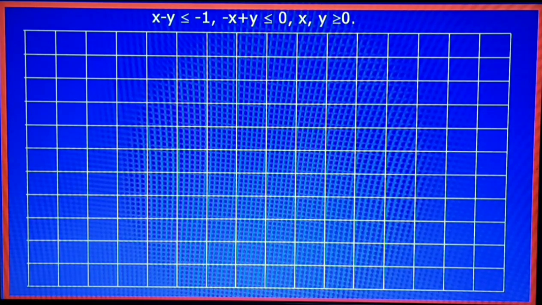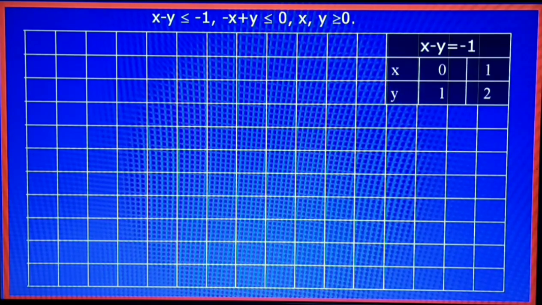Consider the given inequalities and also write the corresponding equations. First equation is x minus y is equal to minus 1. Take 2 points. When x is equal to 0, y is equal to 1. When x is equal to 1, y is equal to 2.